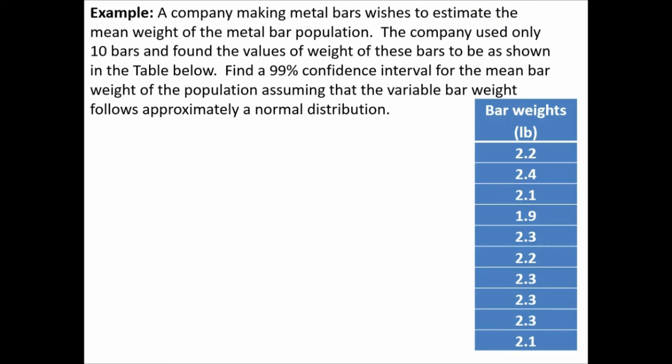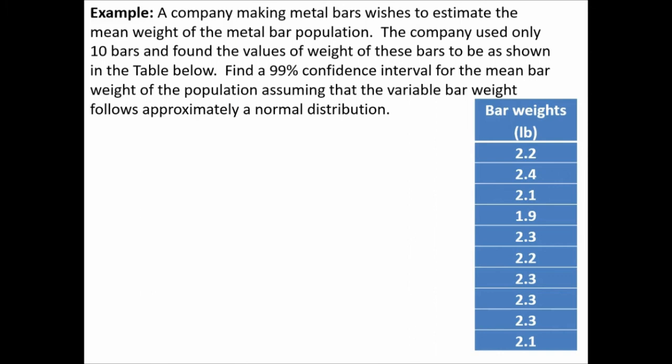The company used only 10 bars, and they found the values of weight of these bars to be as shown on the table here. Here you can see individual values of bar weights of 10 bars. And the question is about finding a 99% confidence interval for the mean bar weight of the population, assuming that the variable bar weight follows approximately a normal distribution.